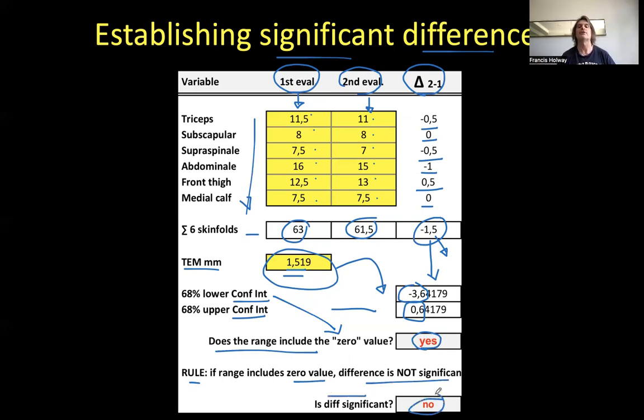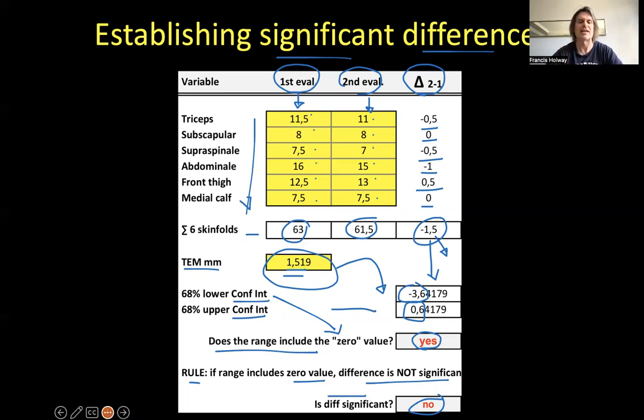No, we cannot really say there was a significant change in this person from one month to the other. Why? Because the confidence interval of my technical error measurement for that difference in that subject 1 month apart is very small, and I cannot determine whether he lost fat or he gained fat. The most likely scenario is that he didn't change.